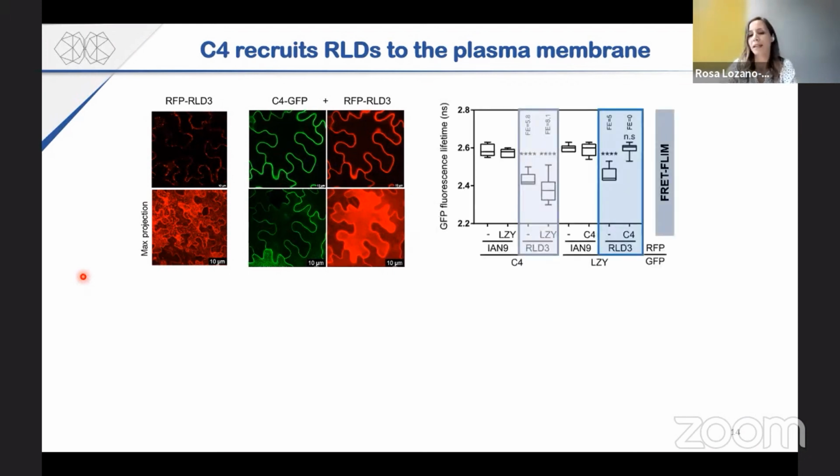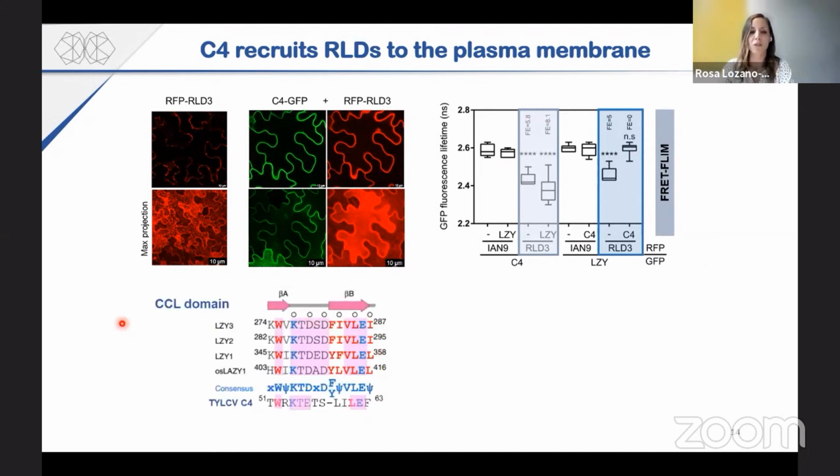And interestingly, C4 can actually outcompete the endogenous interactor LAZY for RLD binding. So you can see in this FRET-FLIM assay that the interaction between C4 and RLD3 is not affected by the presence of LAZY, but on the contrary, the interaction between LAZY and RLD3, which we can detect here, is completely abolished if we add C4 to the equation.